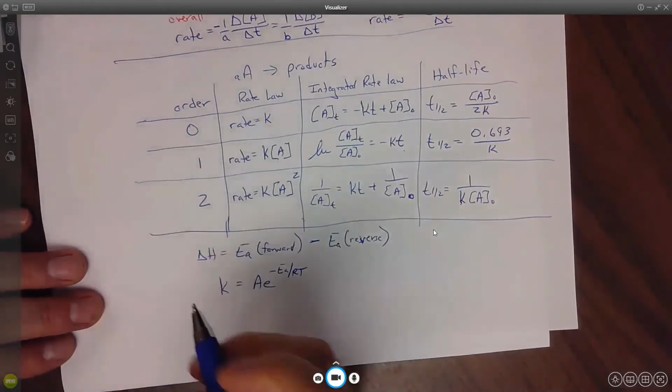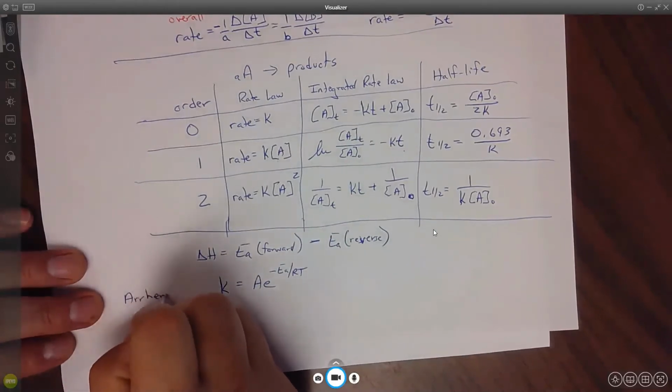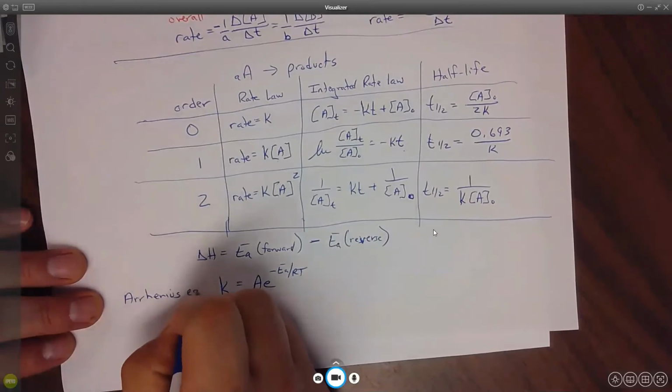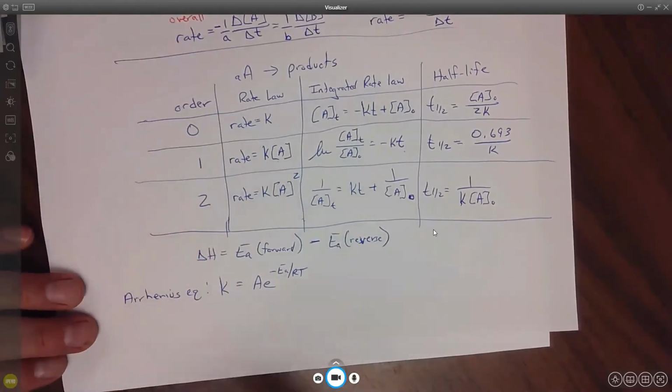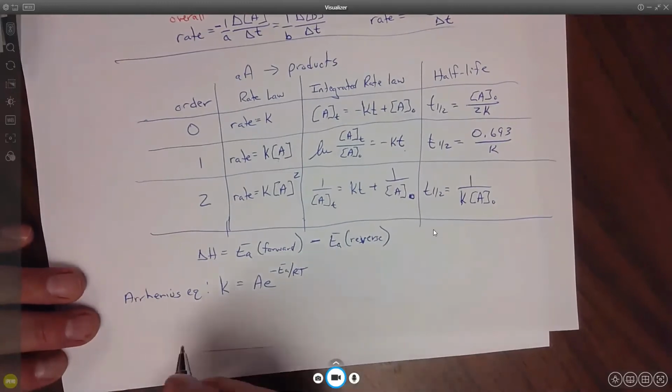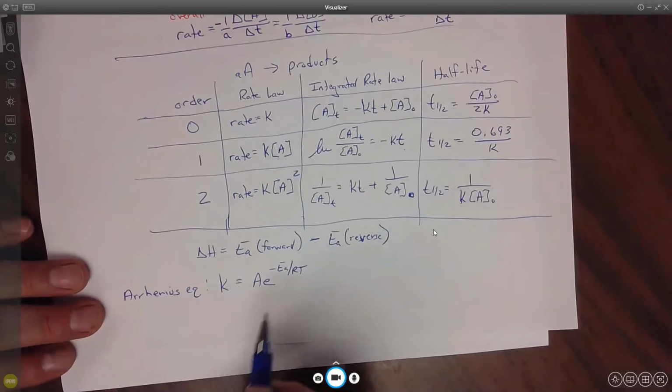And this actually is called the Arrhenius equation. So that's the Arrhenius equation. Then we're going to actually use a modified Arrhenius equation, and I'll show you how we derive it, but it's just basically coming from here.